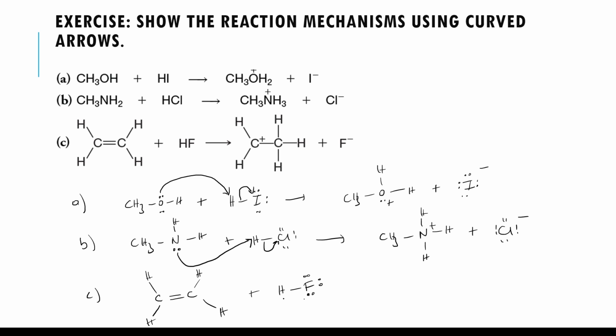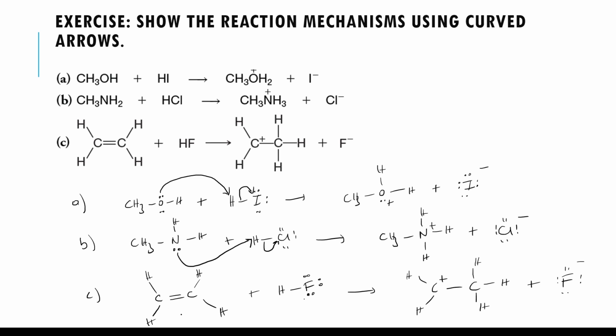It has 3 lone pairs, and in the product we have carbon having now 3 hydrogens attached. The other one has 2 hydrogens and a positive charge, and we have a fluoride anion with a negative charge, meaning that fluorine should have 4 lone pairs of electrons and a negative formal charge.